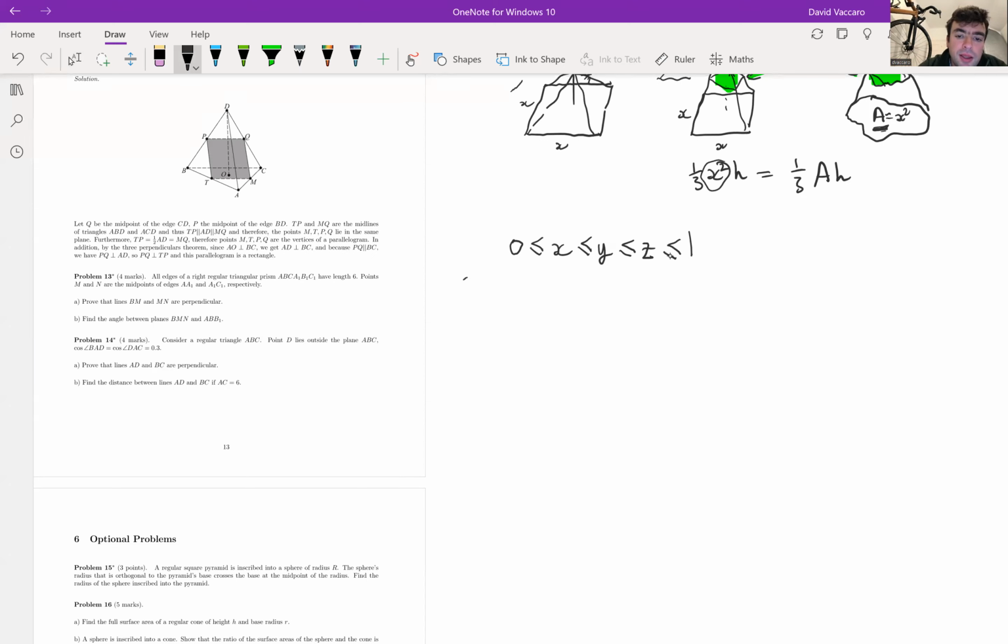Can anyone describe this shape and what is the volume? So this is a bit more algebraic.